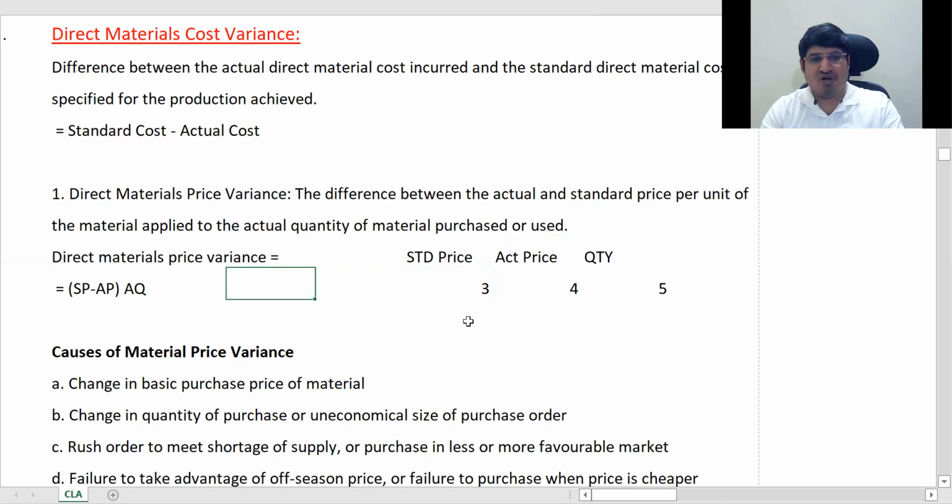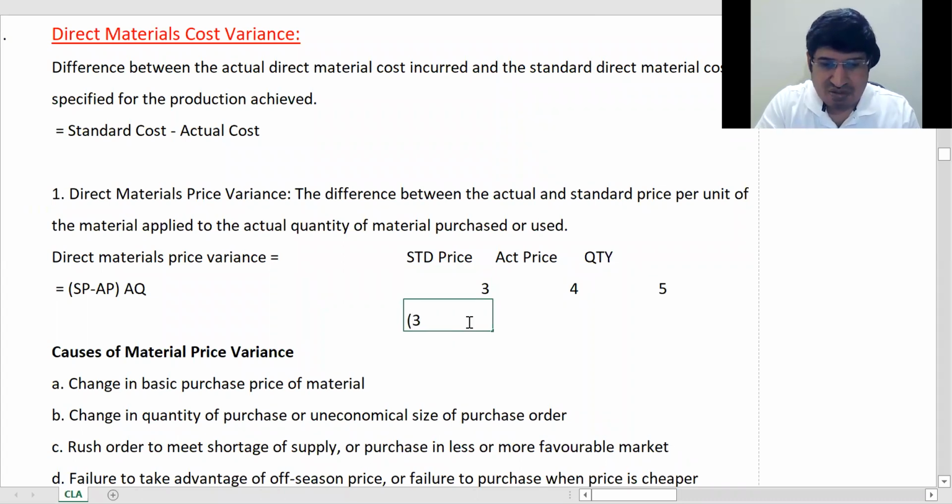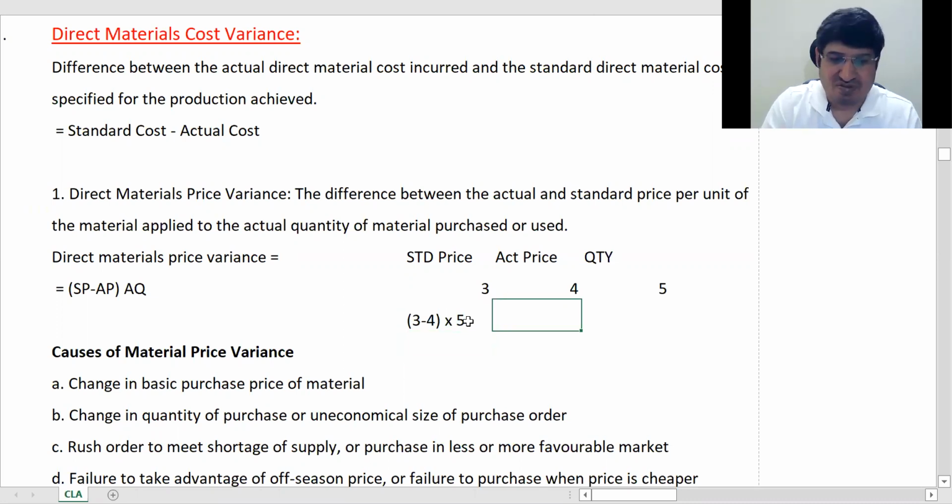To find material price variance, you just do standard price 3 minus 4, multiplied by AQ, the actual quantity. So this will be minus 1 into 5, which will be minus 5.